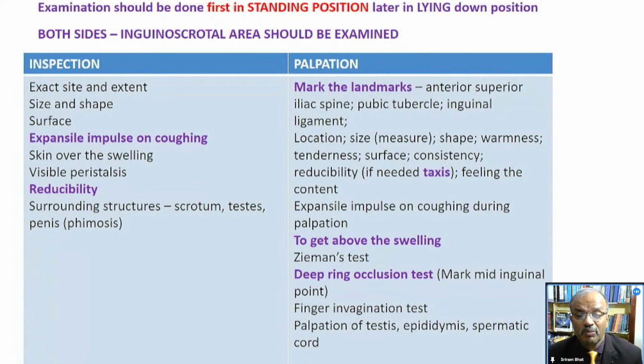The patient's hip and knee are flexed and adducted, and through the bottom of the scrotum, manually with the two hands, the contents are slowly reduced across the superficial inguinal canal into the peritoneal cavity. That is how we reduce manually if it is not reducible on its own.